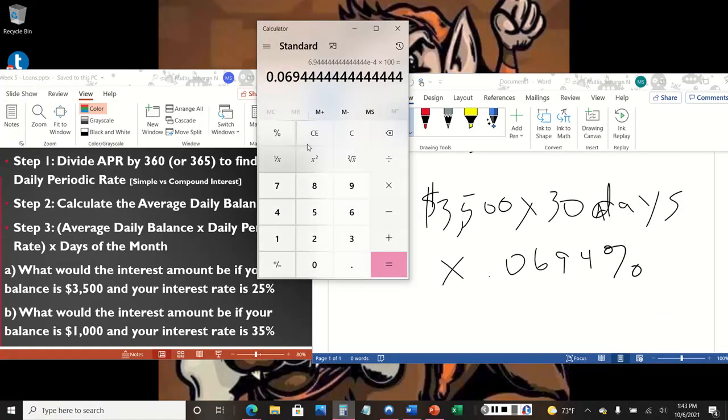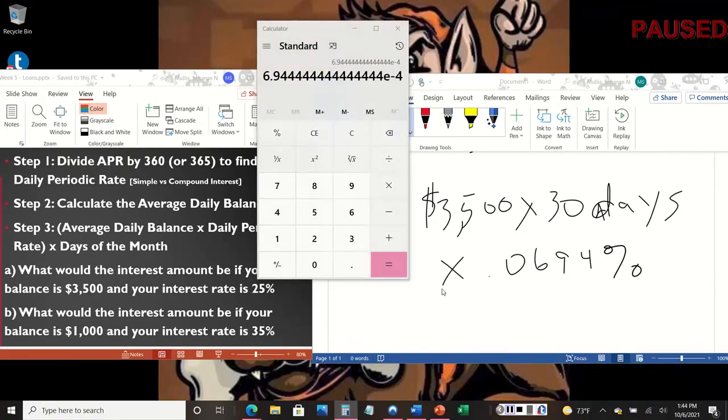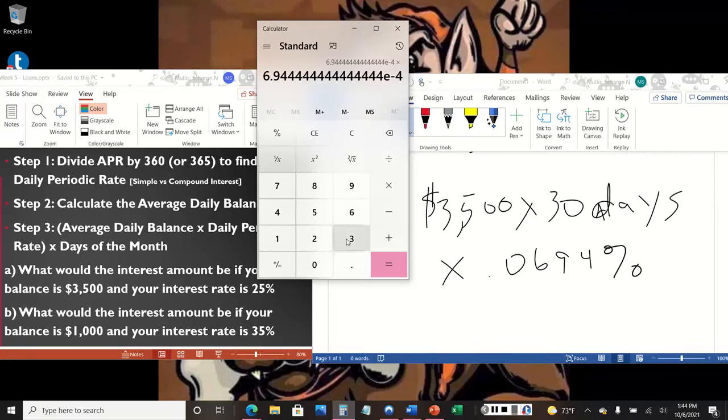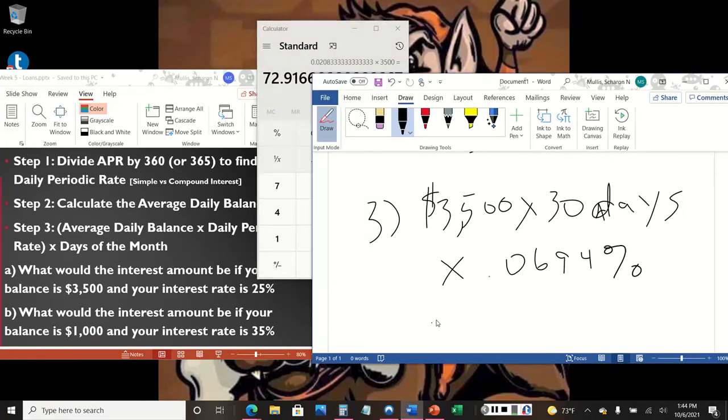So if we put that in there, times 30 times $3,500, our interest payment is going to be $72.92.